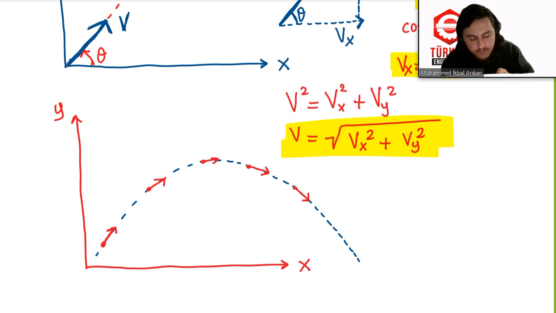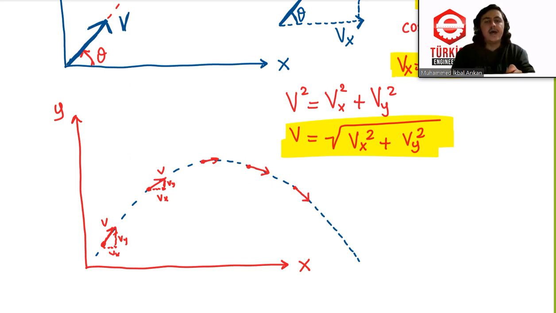So each of them has Vx, and each of them has Vy, right? So here this is V and this is V. As you see, the Vx will be more and the Vy will be smaller until you reach the maximum point. Here you will see that your velocity will be just parallel to the x.